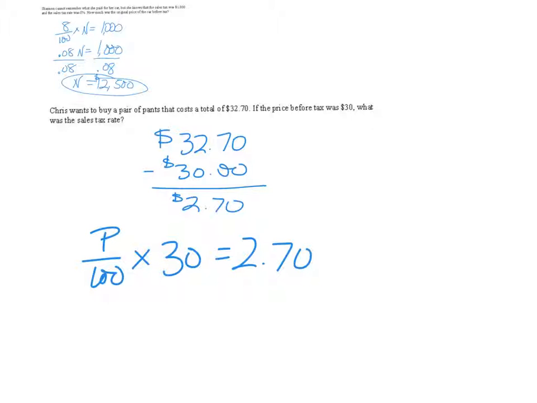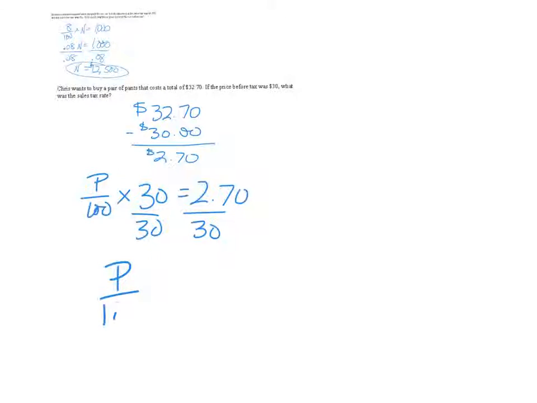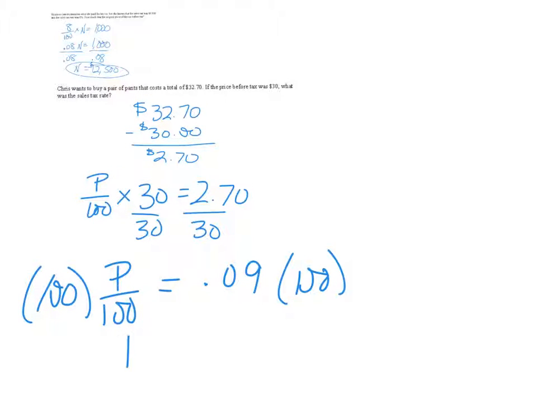And so we could divide both sides by 30. Now I just have P over 100 equals 0.09. Multiply both sides by 100. And I've got P equals 9%. Hey, those are pretty short and to the point, but hopefully they get you going.